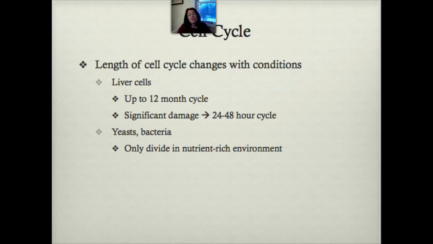Now, the other good example of the changing length of the cell cycle is in other organisms, such as yeast and various bacteria. It turns out that these organisms are very, very sensitive to their environment, which makes sense. We're talking about single-celled organisms that are surrounded by conditions that change.